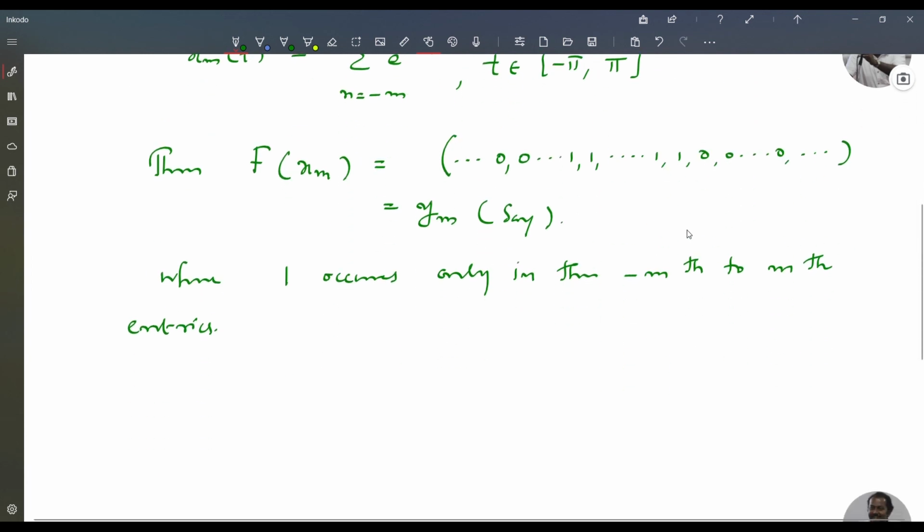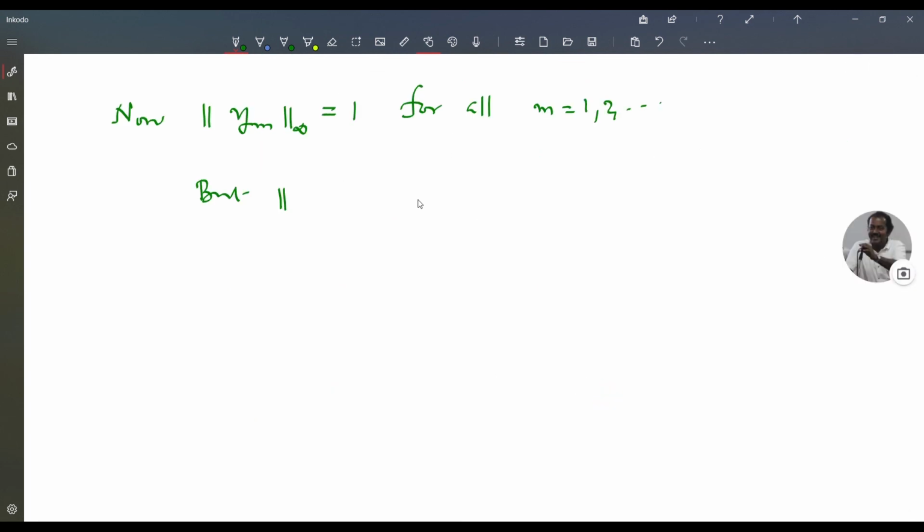Now you know that the sup norm of Ym equal to 1 for all m equal to 1, 2, etc. But the 1-norm of f inverse of Ym is equal to the 1-norm of Xm. This tends to infinity. This is proved in section 4 while defining the Dirichlet kernel. So you may go through that section. Therefore, f inverse does not belong to BL of Y, X.